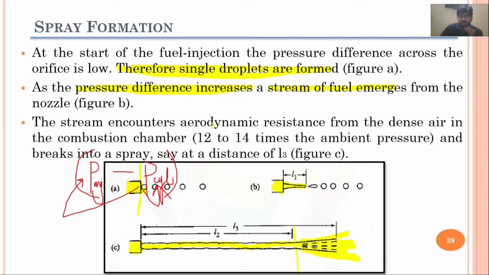The stream encounters aerodynamic resistance from this dense air in the combustion chamber, and breaks this stream into a spray.